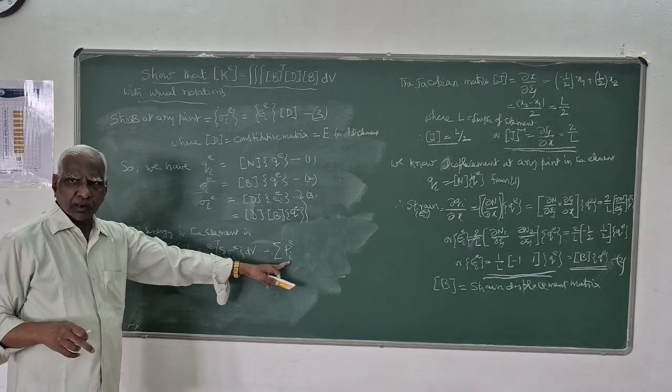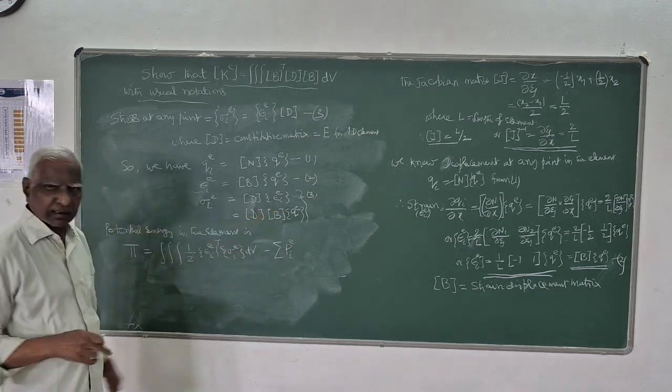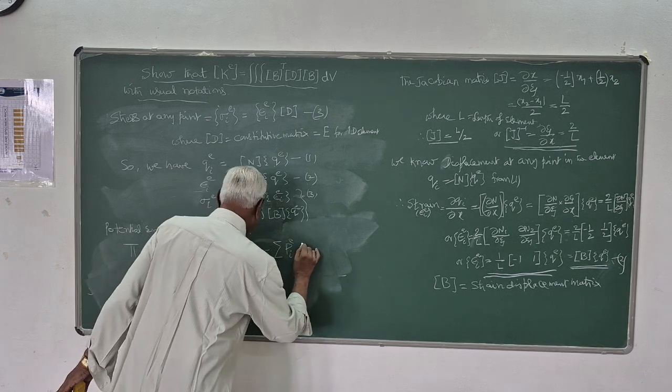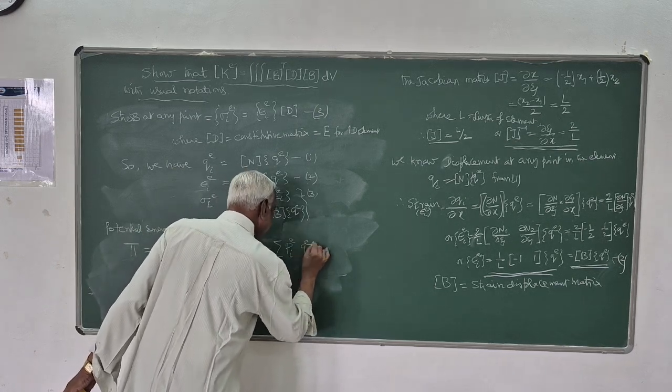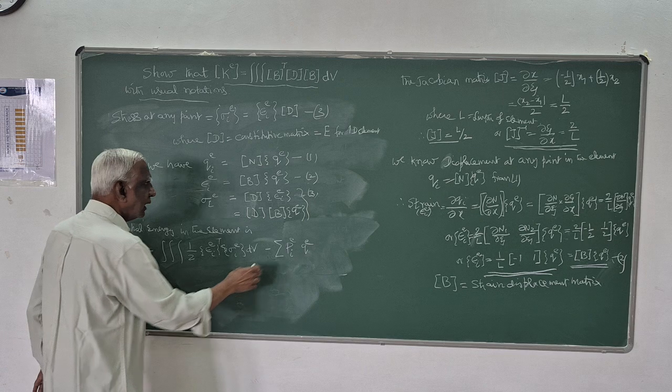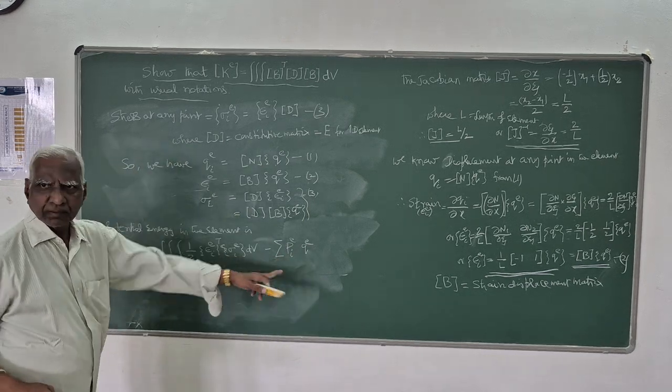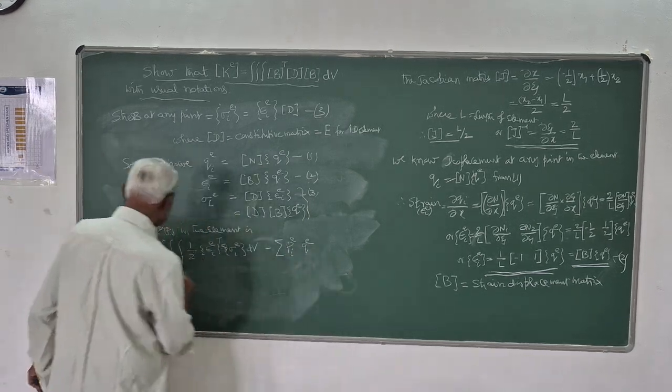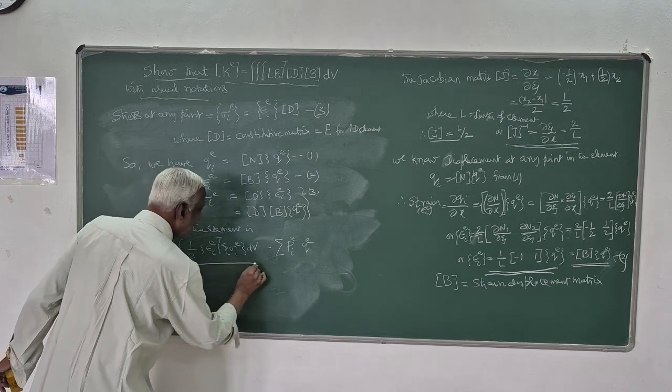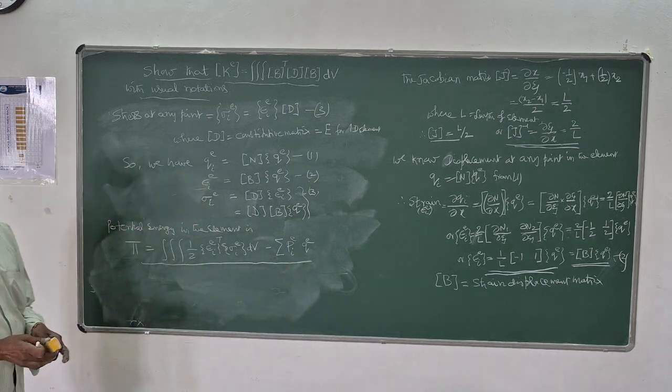At any nodal point, the external load is multiplied by the element nodal displacement, QE. That is your total energy potential.